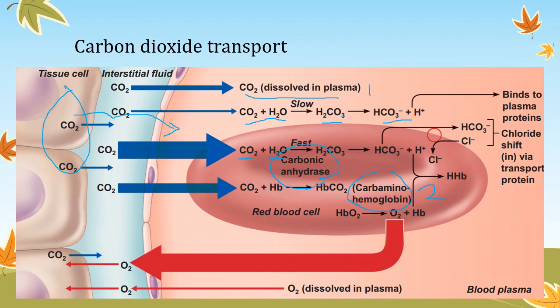And again, like I said, carbonic acid is unstable and will dissociate into bicarbonate and hydrogen ion. Carbonic anhydrase helps this reaction too, the dissociation of carbonic acid into bicarbonate and hydrogen ion.